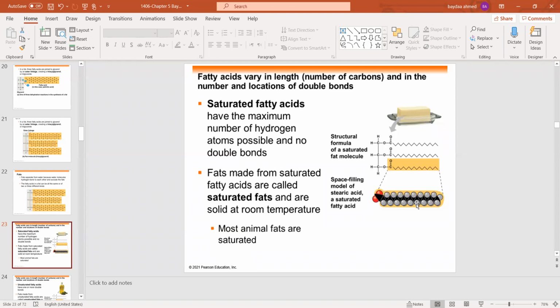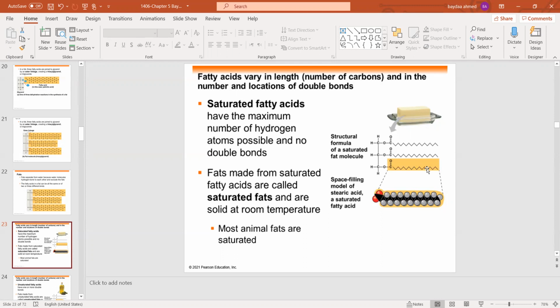At room temperature, the molecules of saturated fatty acids, or saturated fat, such as the fat in butter, are packed closely together, forming a solid. And that's why butter is solid, since there are no double bonds between the carbons that form the hydrocarbon chains of fatty acids.